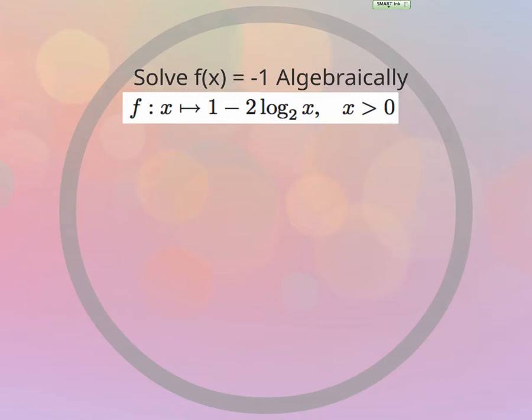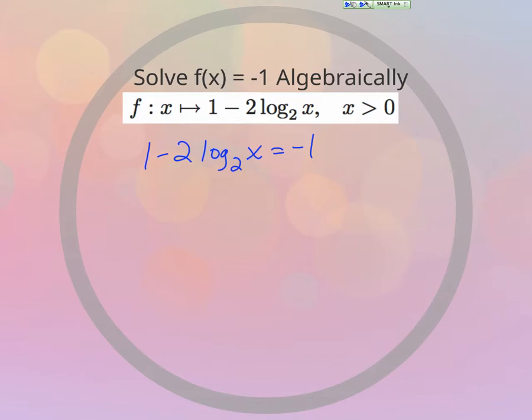In for y, right? It does not go in for x, because it says f, the function itself, equals -1. So here's my function: 1 minus 2 log base 2 of x equals -1. That's going back to chapter 2 and knowing how to use function notation.